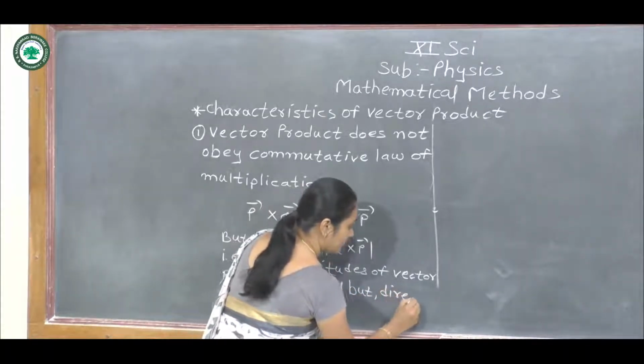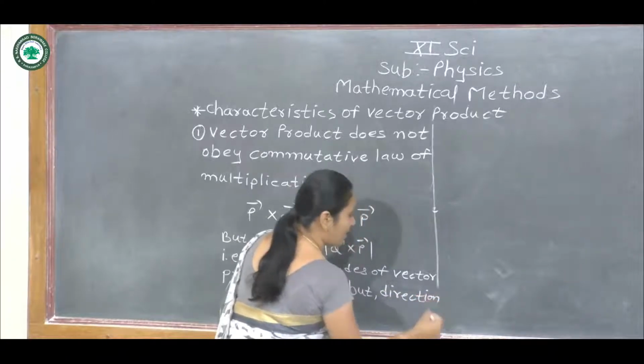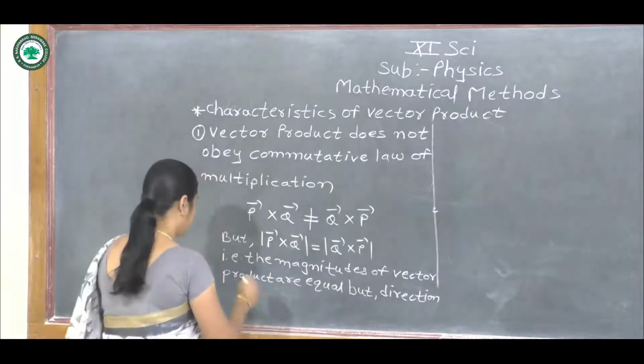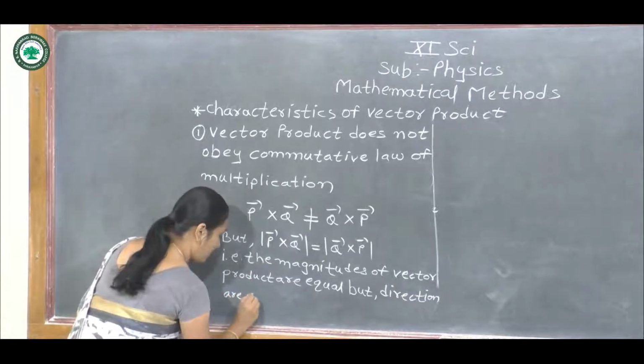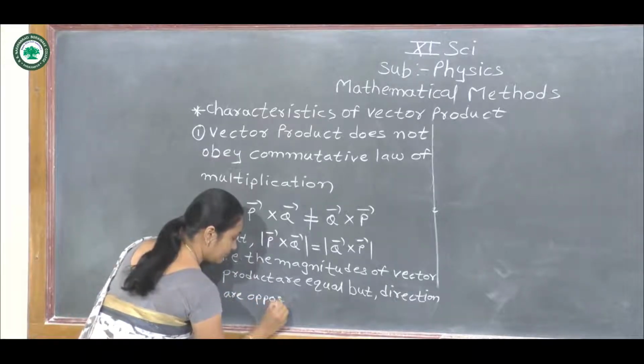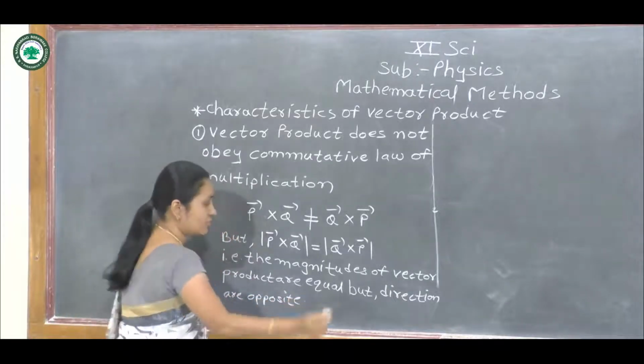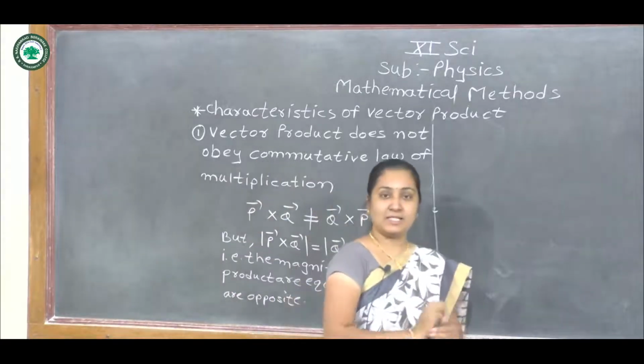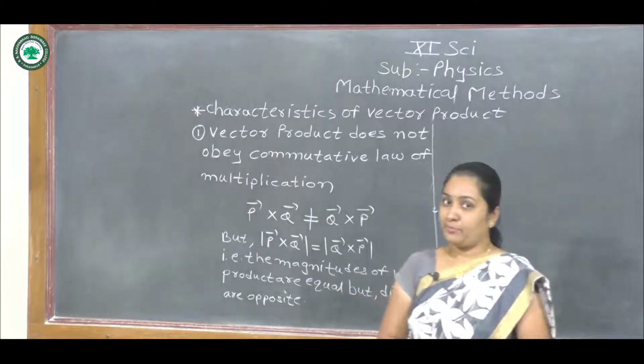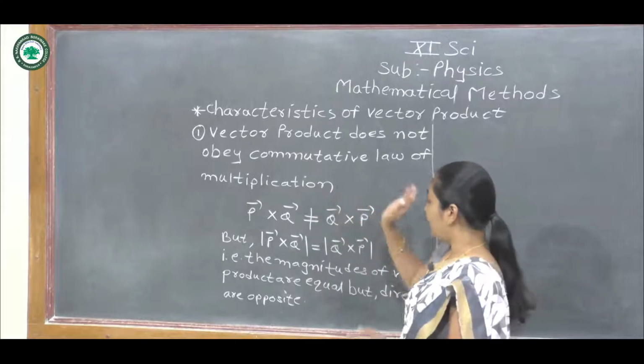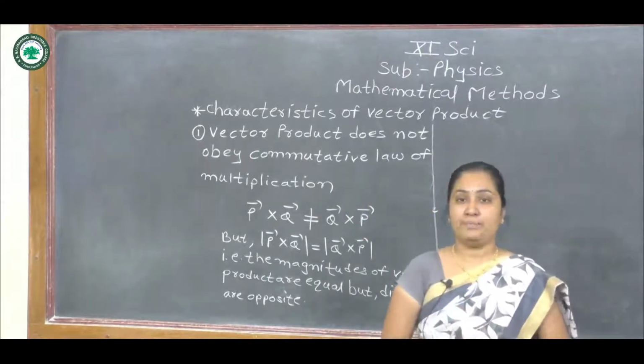Direction of product are opposite. So this is the first characteristic in which vector product does not obey commutative law of multiplication.